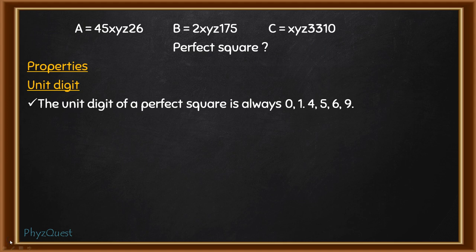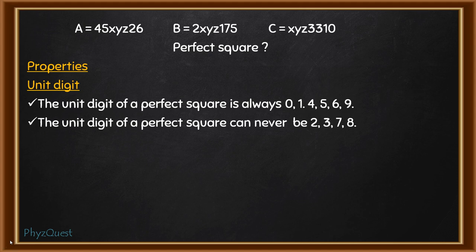It cannot be other than these digits. And the second rule is the unit digit of a perfect square can never be 2, 3, 7 or 8. These are the 2 rules you have to remember.